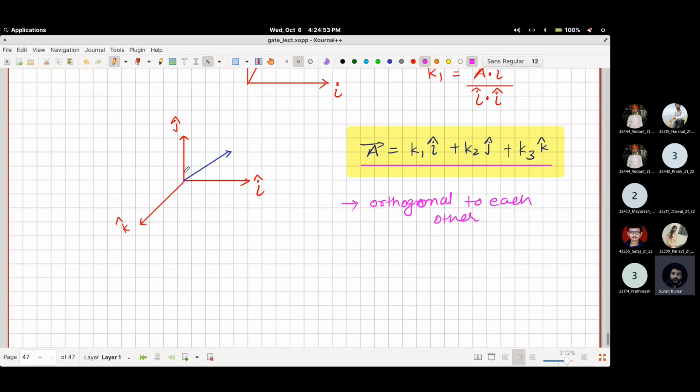इस थ्री डायमेंशनल वर्ल्ड में कोई भी ऐसा वेक्टर नहीं है जो I, J और K के टर्म में रिप्रेजेंट न हो, राइट? यू कैन ऑलवेज फाइंड आउट, कोई भी वेक्टर है आप इसको इसके टर्म में निकाल सकते हैं. Is that clear to everyone? Yes, sir.